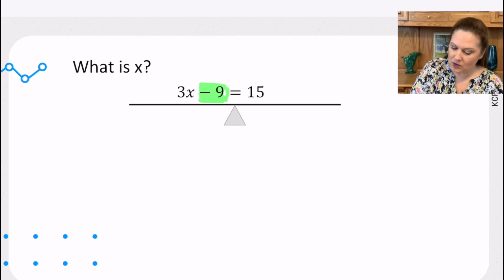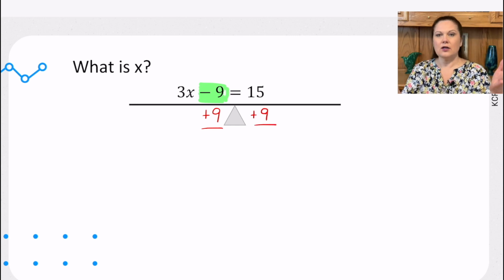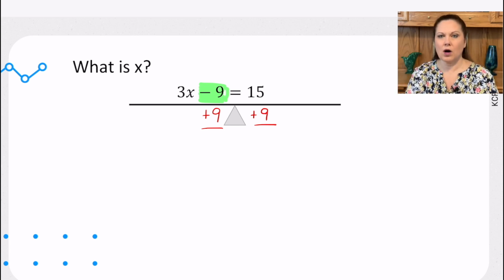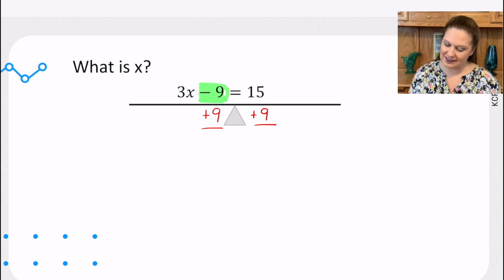Yes, it's going to be adding 9. So we're going to add 9 to both sides. Remember, this is our teeter-totter. We're trying to keep it in balance. Whatever we do on one side, we have to do to the other, and that's called equality. It's actually called the reflexive property of equality, but we'll get into that in Algebra 1 in high school.